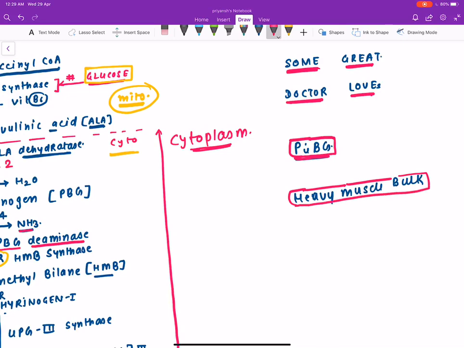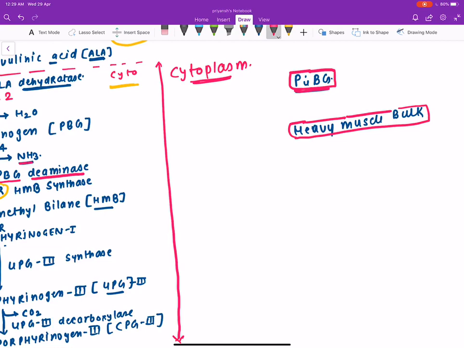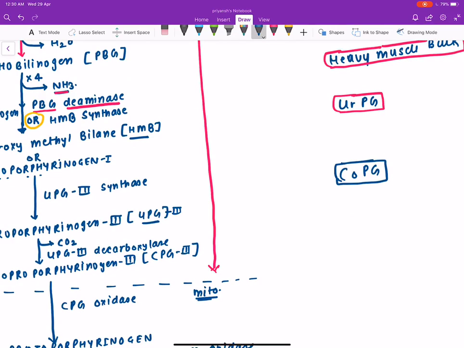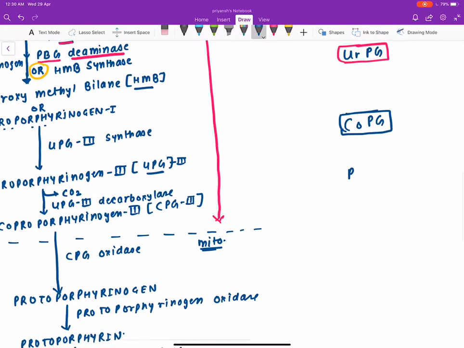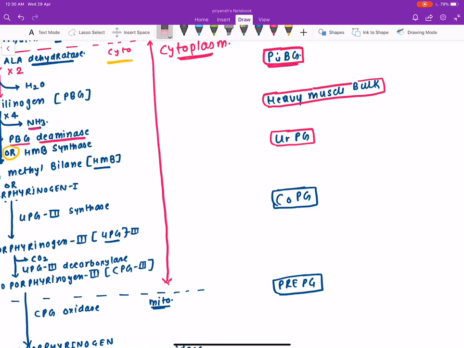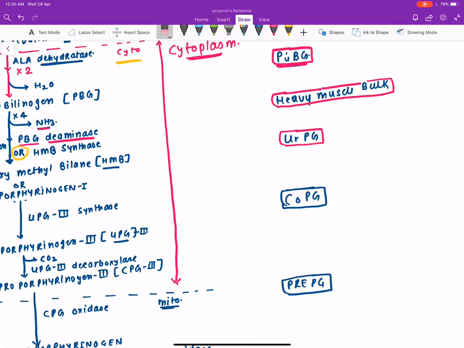Then they like your PG, and your co-PG, and also pre-PG. So there are some great doctors who love 5 things: PUBG, heavy muscle bulk, your PG, co-PG and pre-PG.